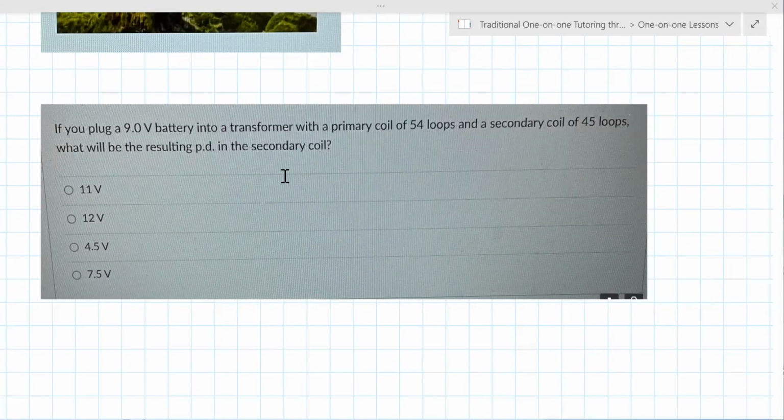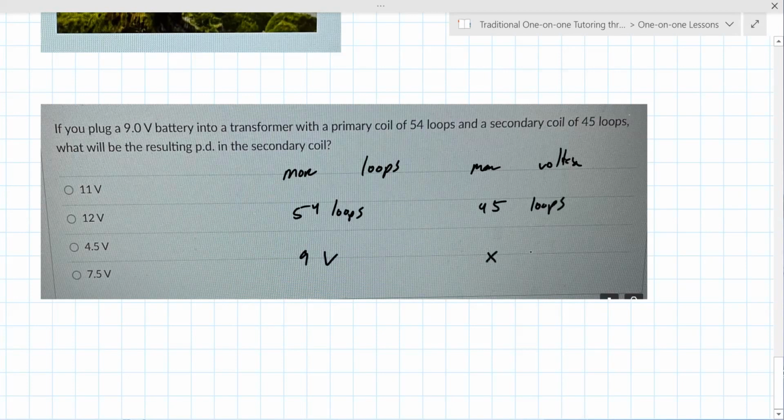Because the way we did it is we said more loops, more voltage. So here there's 54 loops and 9 volts, but then it's going down to 45 loops and then X volts here. So you can make an equation, but you're trying to figure out how do you go from 54 to 45.